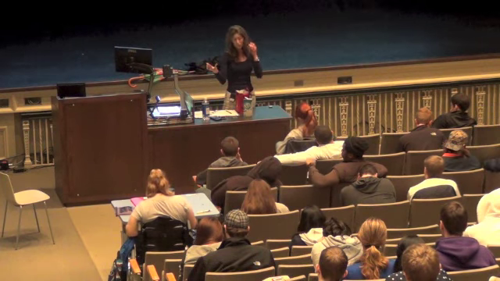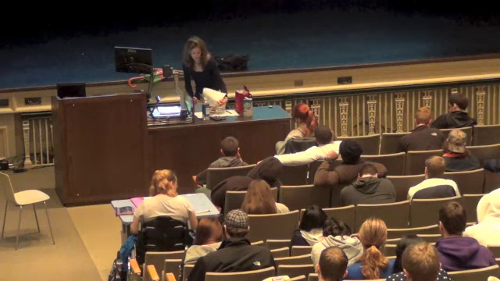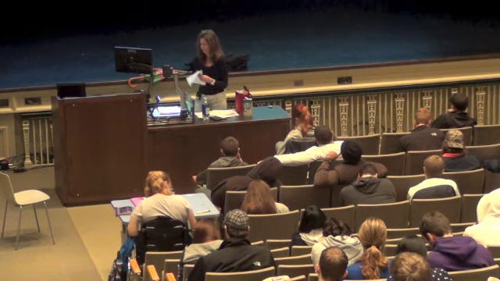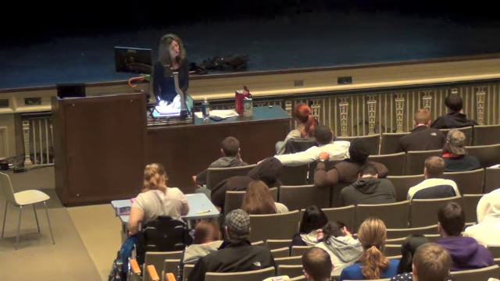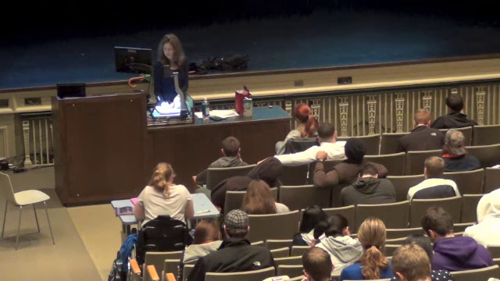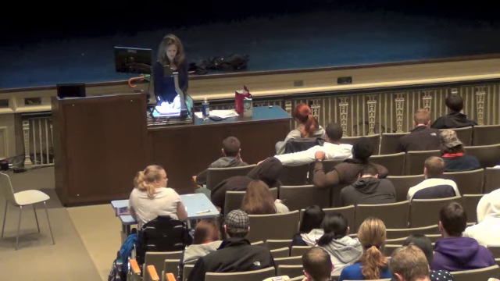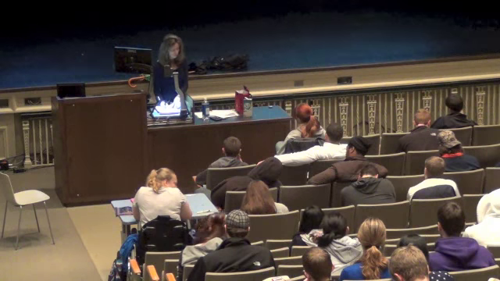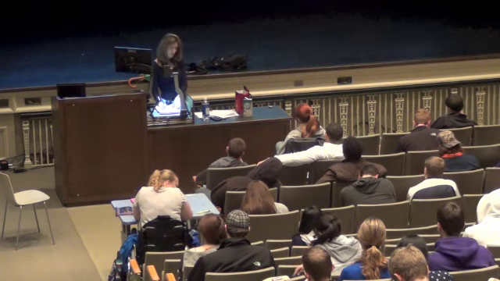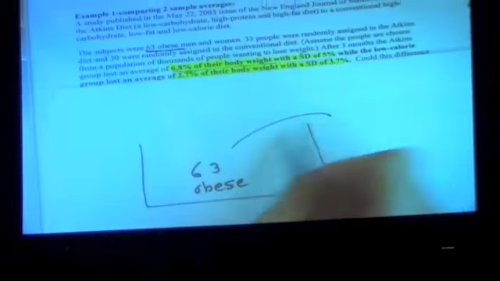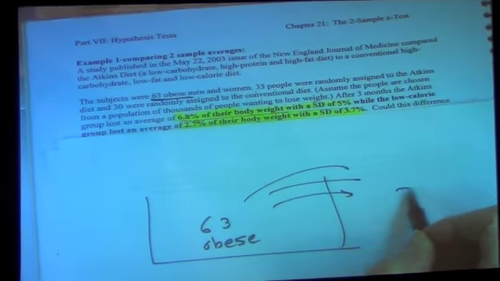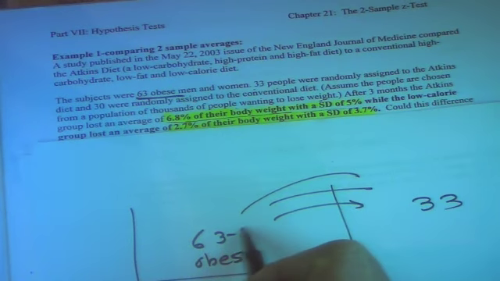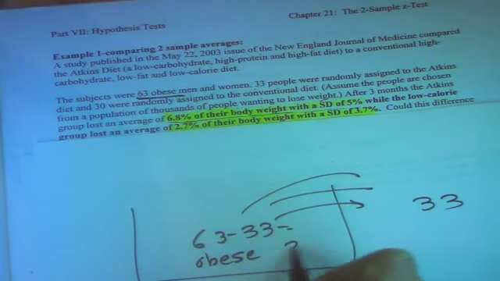All right? So don't write this down, but your box model would be 63 obese people, randomly shake them all up, right? And then you take out, well, how many? 33. So that leaves 30 in the box.